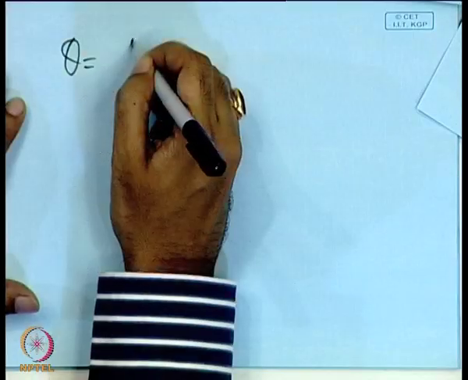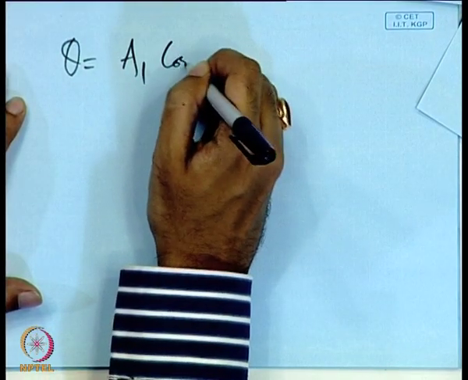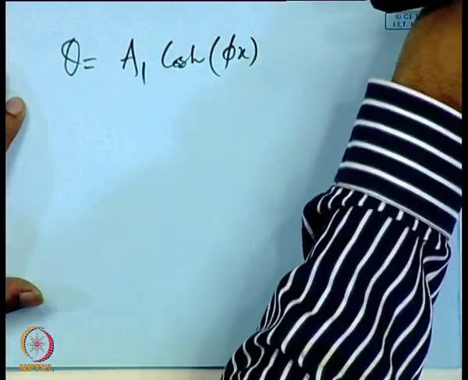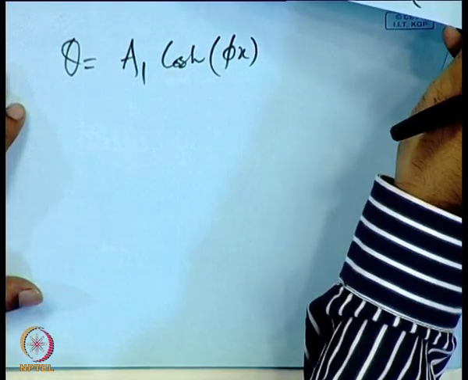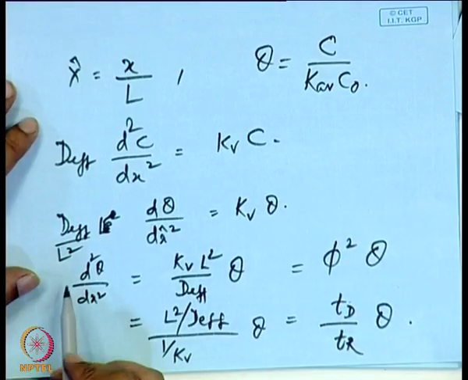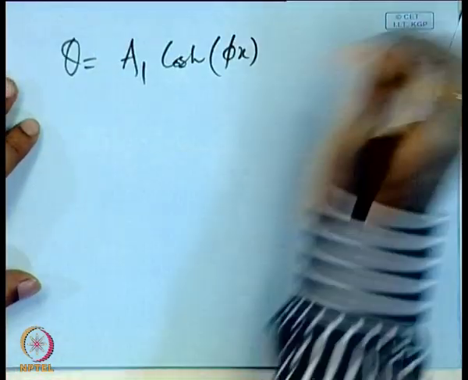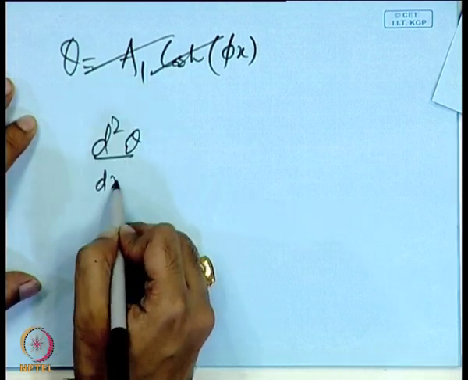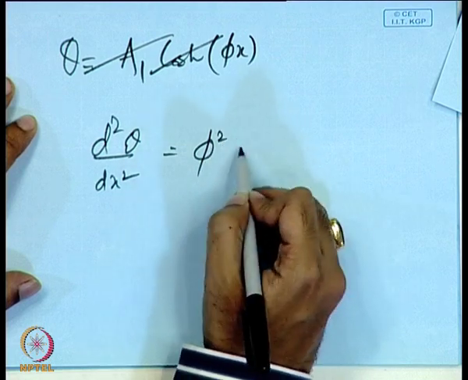So if you write theta as a1 cosine hyperbolic phi x, because if you look at your equation over here, there is del 2 theta. Your equation is del 2 theta del x square equals phi square times theta.